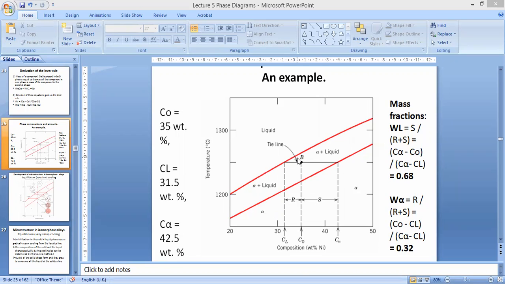To find the amount of solids, you get this one. So the solids, your alpha, will be this side, right? But you get this one to find the solids, and to find the liquids, you get this.